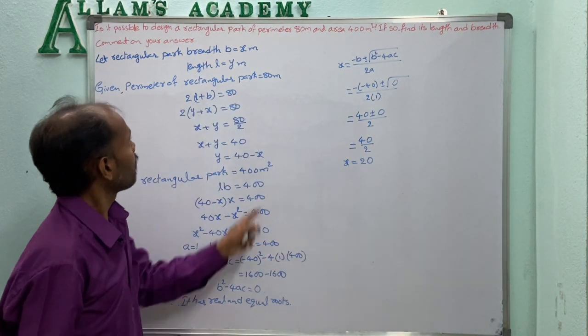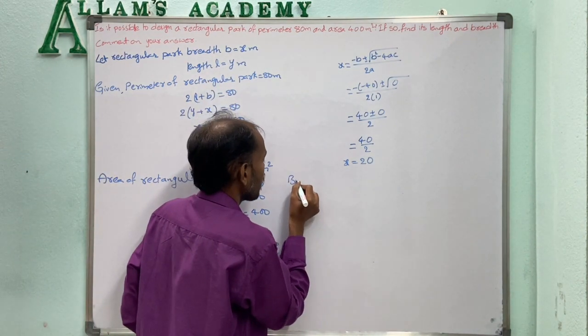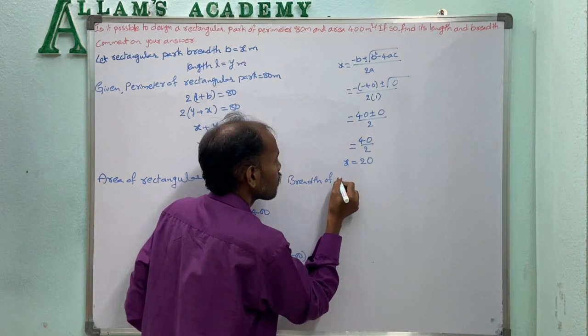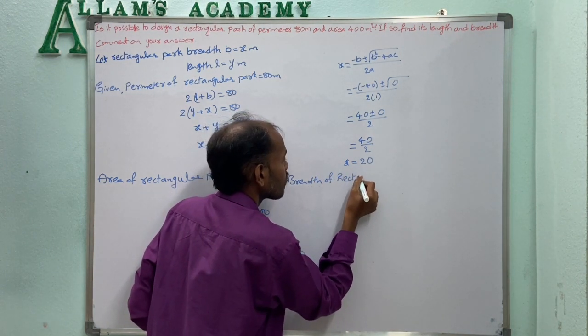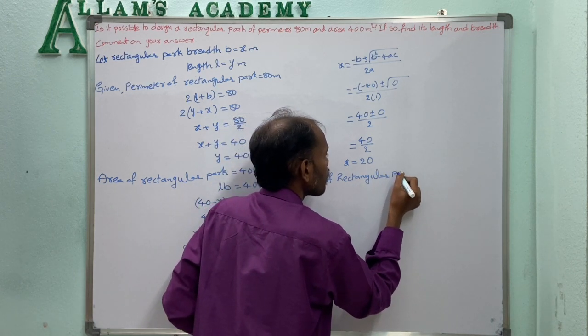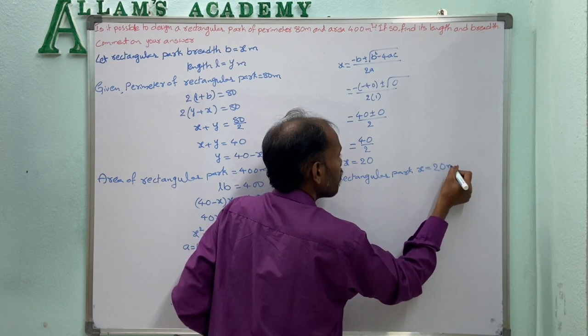So the breadth of the rectangular park, x, equals 20 meters.